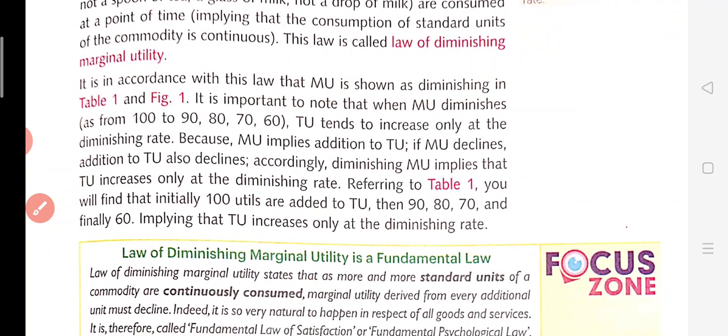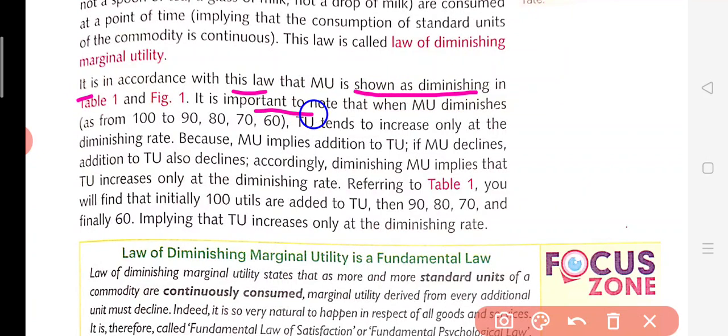This is a very simple law. It is according to this law that MU is shown diminishing in Table 1. It is important to note that MU diminishes from 100 to 90, 80, 70, 60. Here they are telling you that marginal utility decreases or diminishes like 100, 90, 80, 70, 60. In the earlier example also you have seen it decreased from 8 to 6, then 4, then 2, then again 2, then 0.